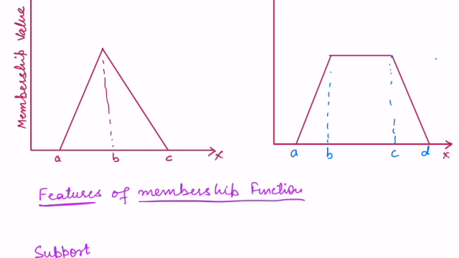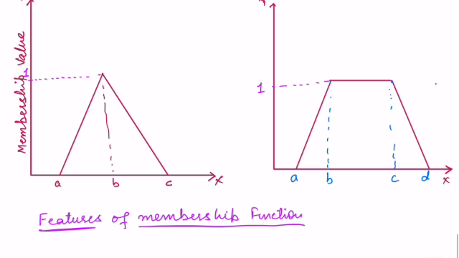So let us see in the triangular fuzzy set what this means. Students, we are assuming here that the maximum value which this fuzzy set takes is 1. Here also the maximum value taken is 1. So what is support? All those points where the function takes membership value greater than 0.